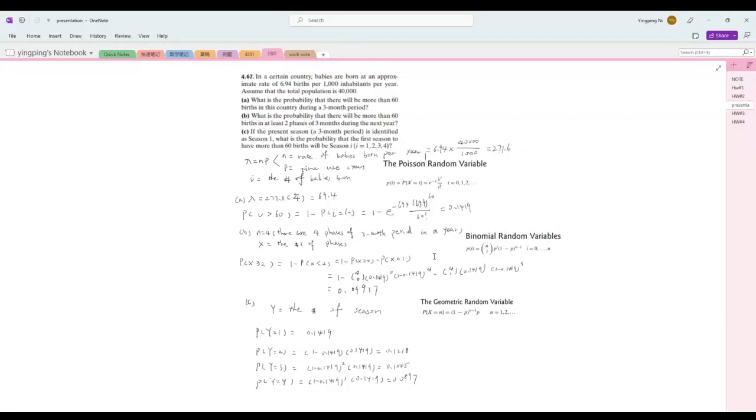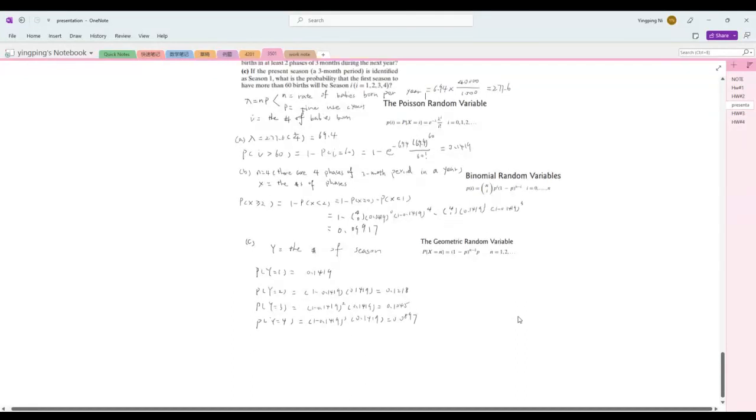So the final answer is 0.09917. And for question C, if the present season, a 3-month period, is identified as season 1, what's the probability that the first season to have more than 60 births will be season i equal to 1, 2, 3, 4. So for y equal to the number of seasons, we can use the geometric formula.